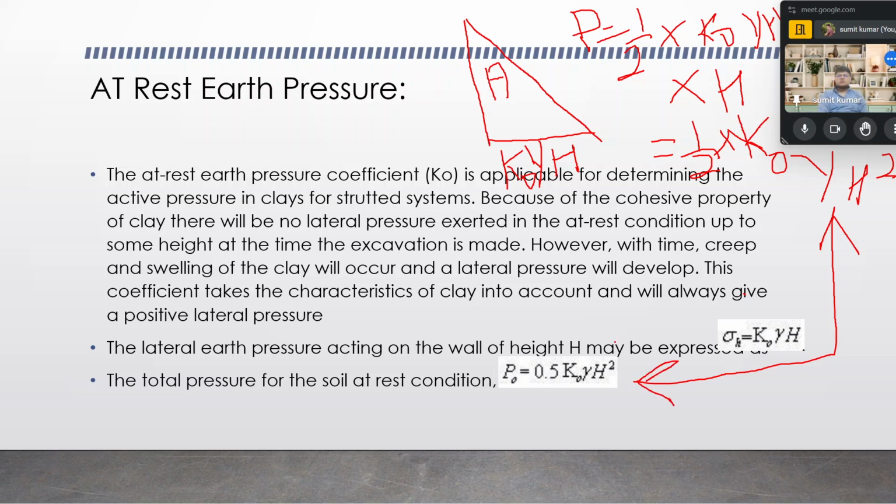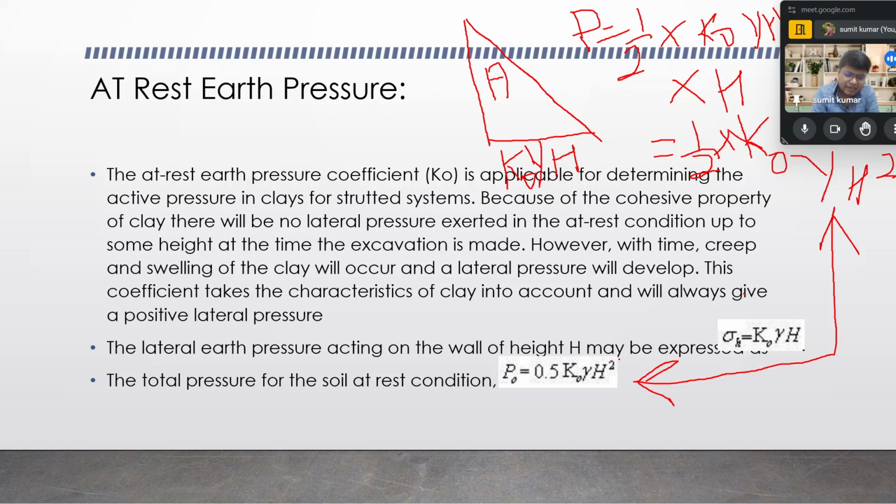See, that thing we are talking about: the lateral earth pressure acting on the wall at height h is K naught gamma h, which is represented in the first figure. When we calculate this area, we come across 0.5 into K naught gamma h square.